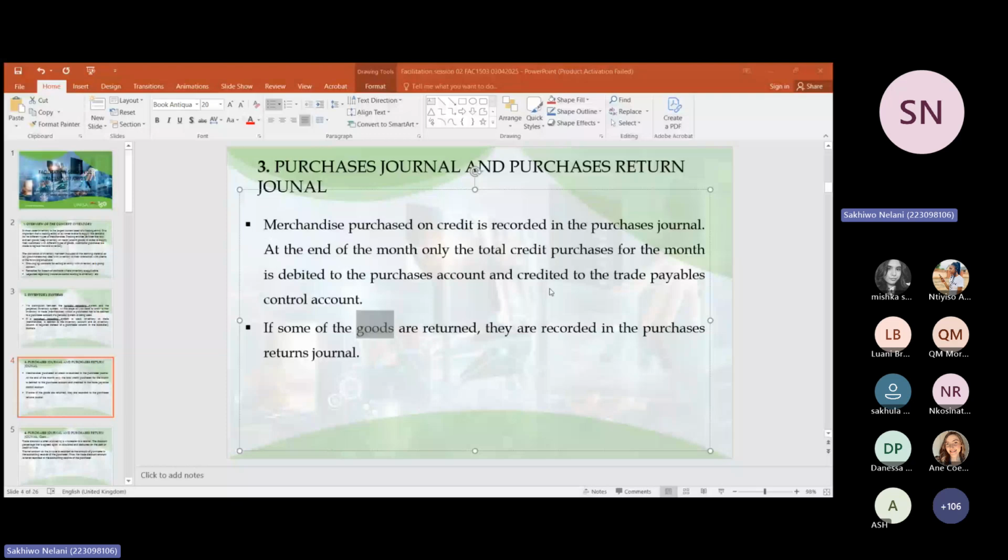Macro is our creditor. Alternatively, we call it a supplier. But in this context, macro is our own creditor. Micro, we have not purchased on a cash basis.